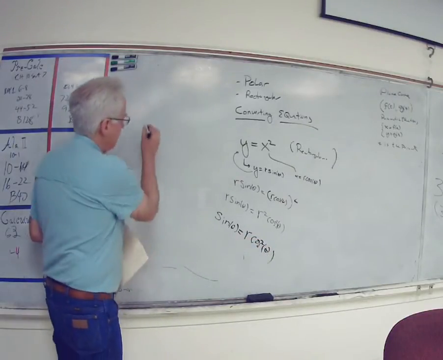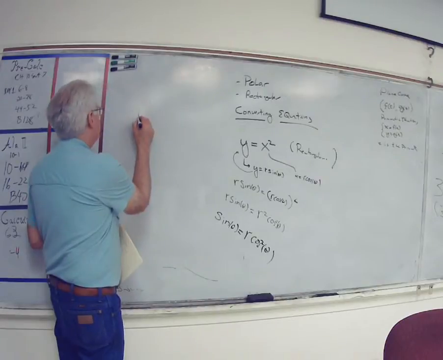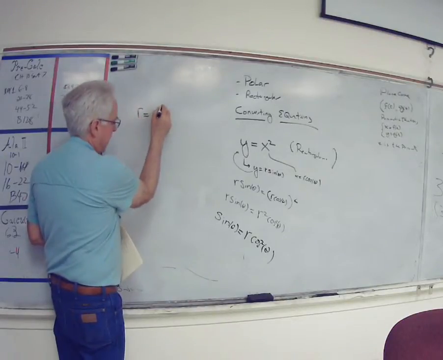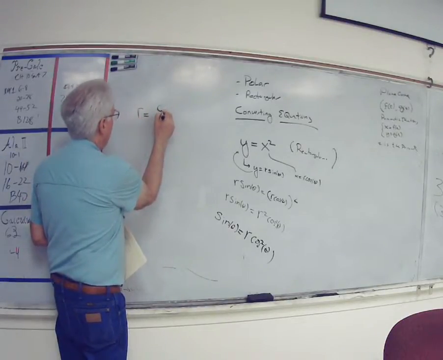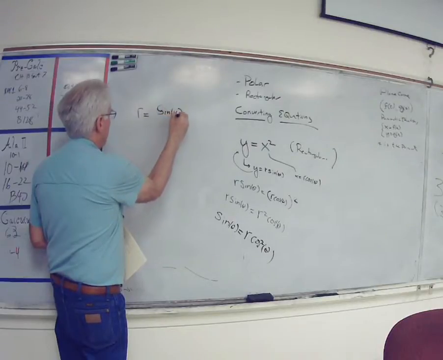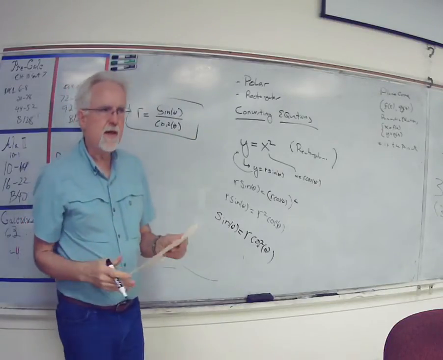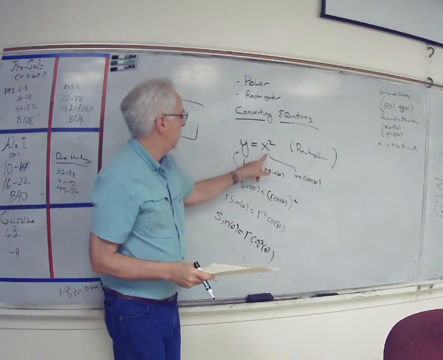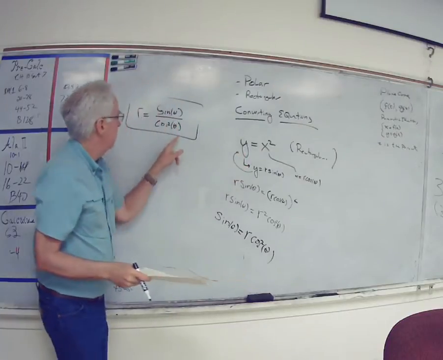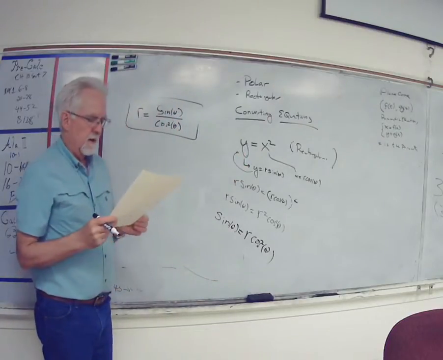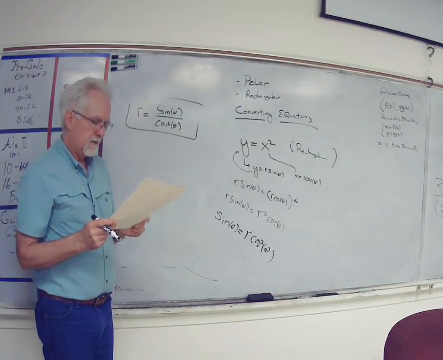Catherine, what would you do now? I would divide both sides of the equation by cosine squared theta. Boom. See how easy that is? Now instead of picking an x and plotting y, you could pick a theta and plot r. Does that make sense?